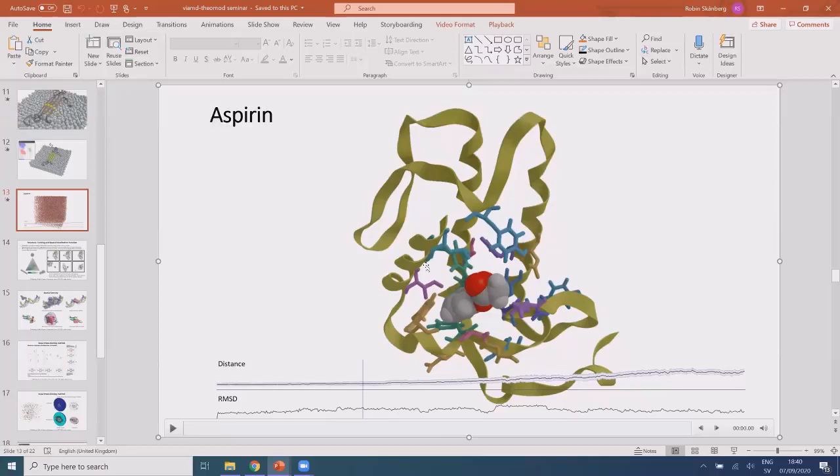So this field is called drug design, and those types of simulation are used a lot by the pharmaceutical industry to improve drugs. And obviously there is a huge benefit, because let's say that you have 100 candidates, right? You don't want to synthesize those 100 molecules and then test them on mice.